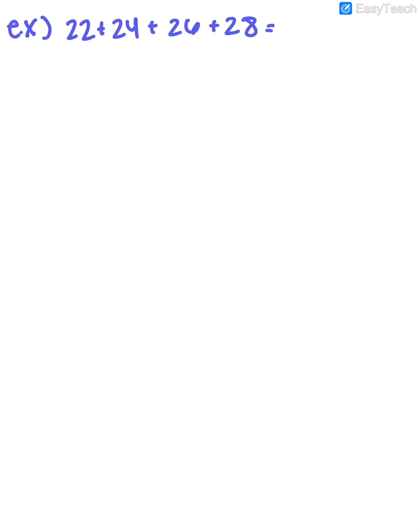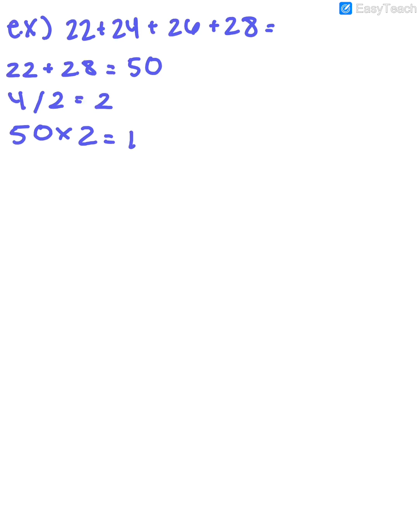When you add them up, if you can't do it in your head, you should be able to, so try, but I'll just tell you, it's 50. Then you take the amount of numbers in the sequence, which is 4, and you divide that by 2, which is 2, and then you multiply 50 times 2, which is 100. And so your answer is 100.